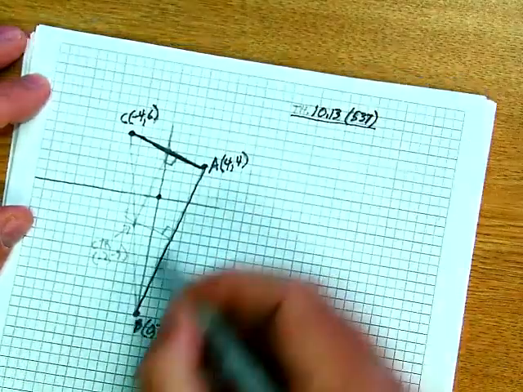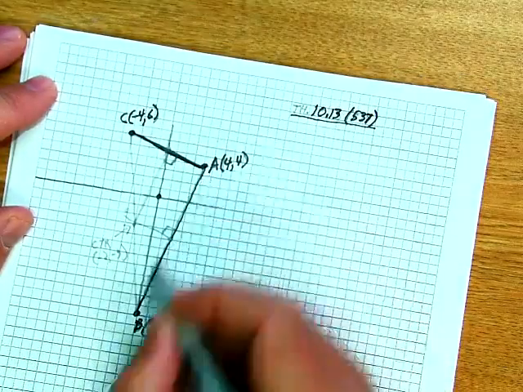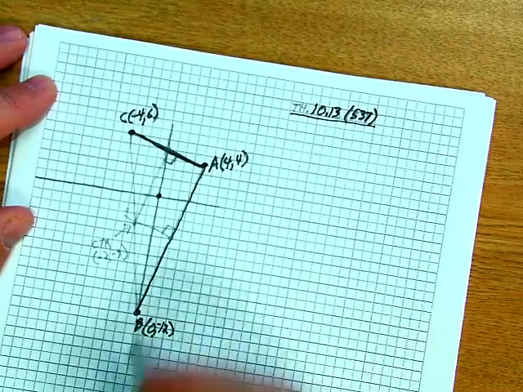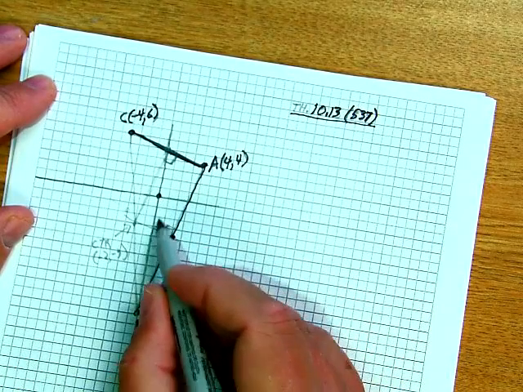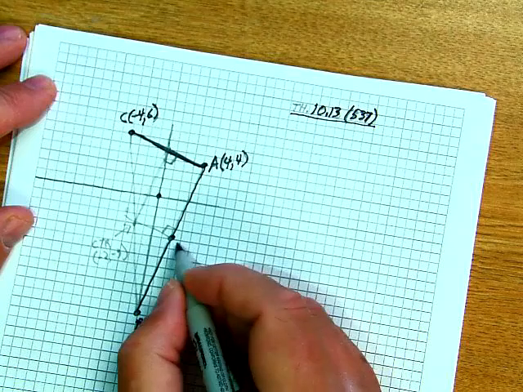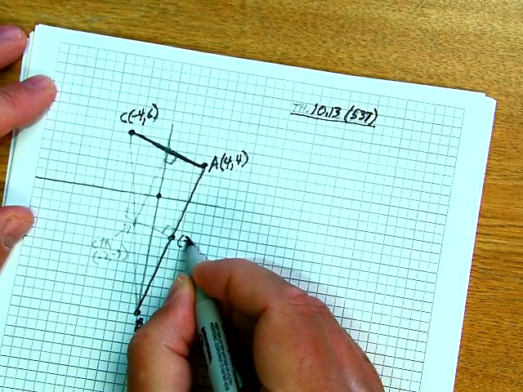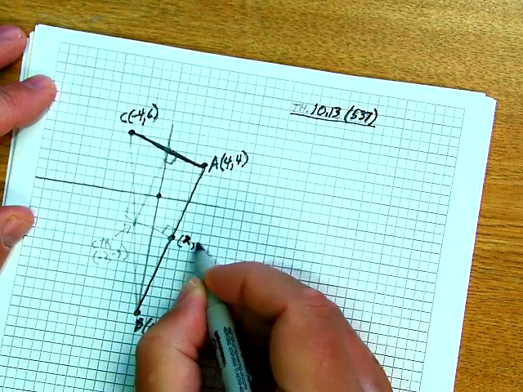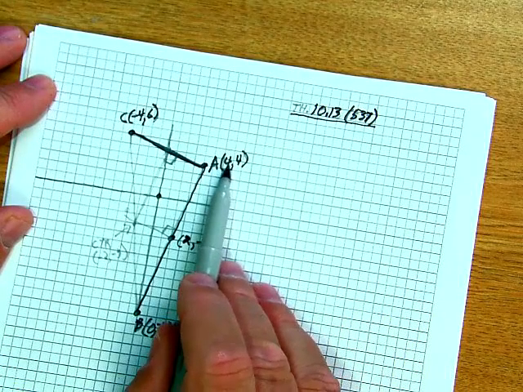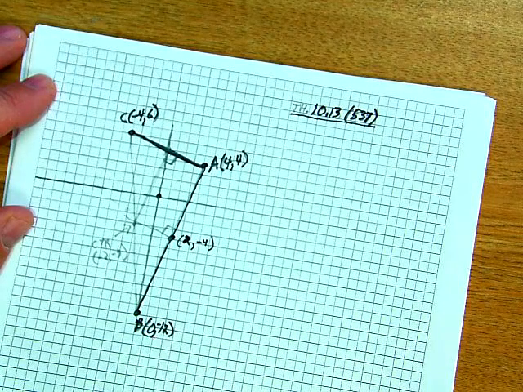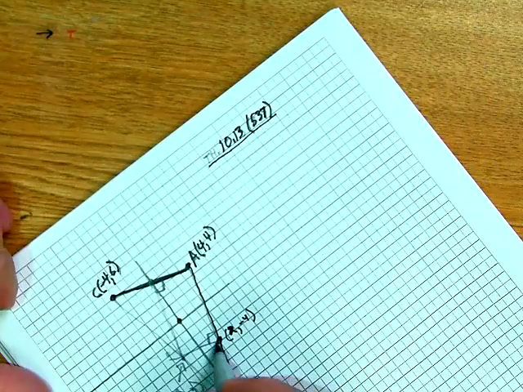So bisecting this segment right here, I get this point, which happens to be (2, −4). I got that from doing the midpoint of (4, 4) and (0, −12). You can look up the midpoint formula if you want to. Then I take a perpendicular line off of that.